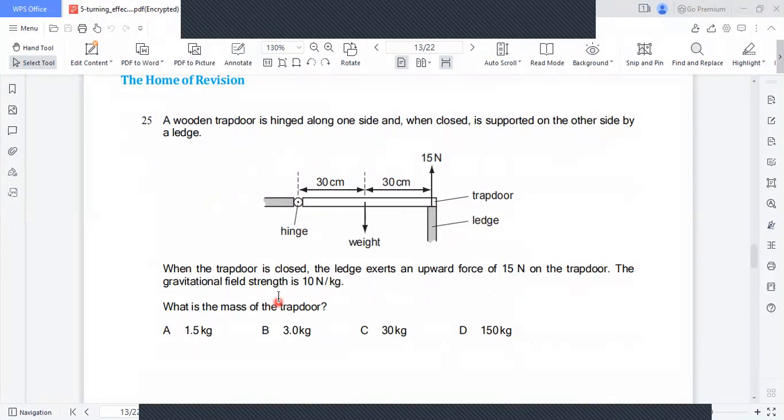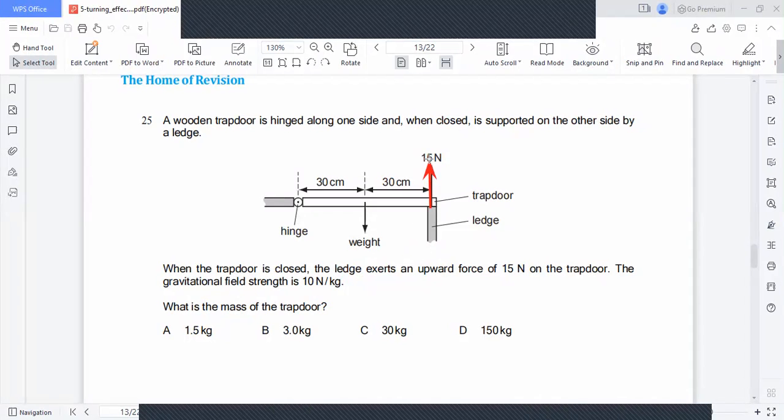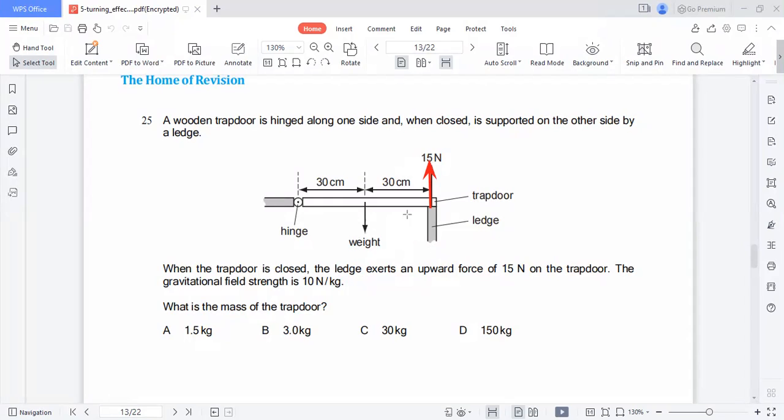When the trap door is closed, the ledge exerts an upward force. So there is an upward force here, which is 15 Newton, at a distance of 60 from the pivot.